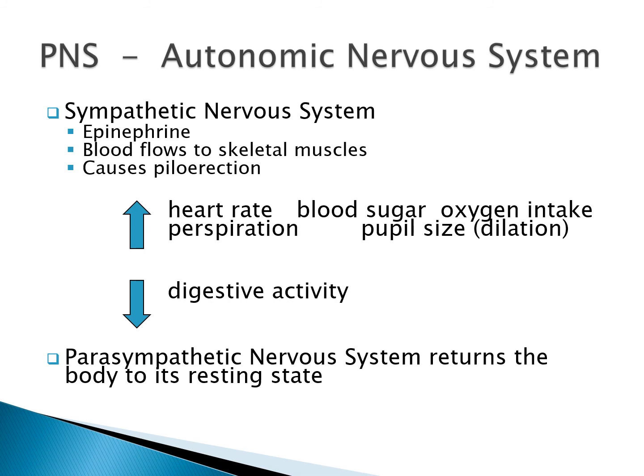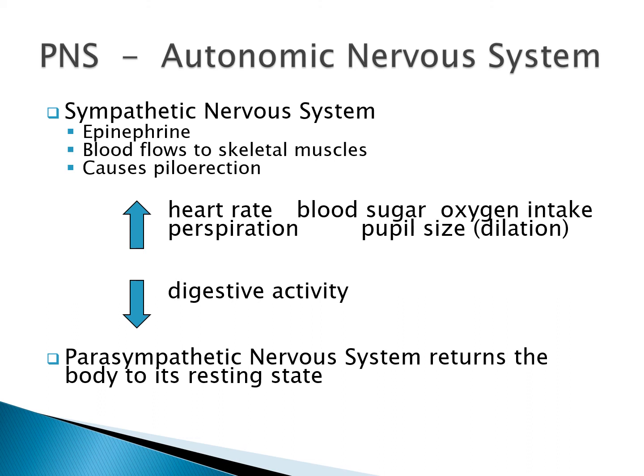And the parasympathetic nervous system, while it does increase digestive activity and decrease heart rate, does not communicate to the sweat glands or to the adrenal gland, so it's not exactly the opposite, but you can think of it as returning the body to its resting state.